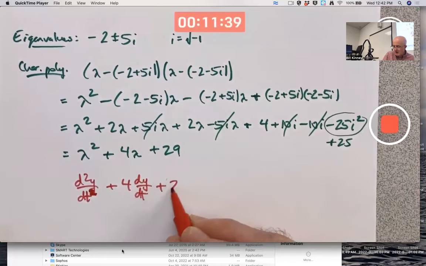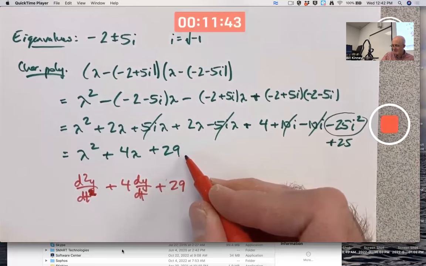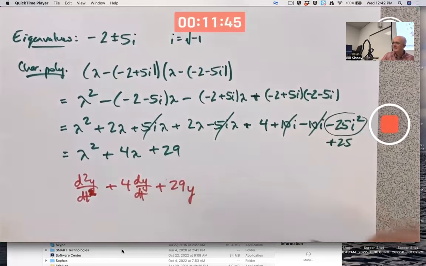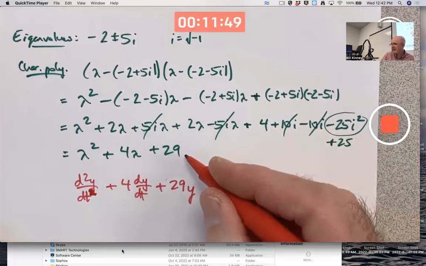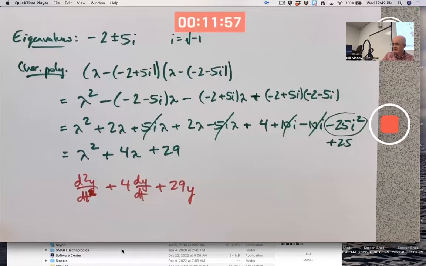And well, there's no lambda or y there, but you should put a y here. It's like it's lambda to the 0 power. 29 times lambda to the 0 power. The power of the lambda in each case corresponds to the order of the derivative. The second power corresponds to a second derivative.